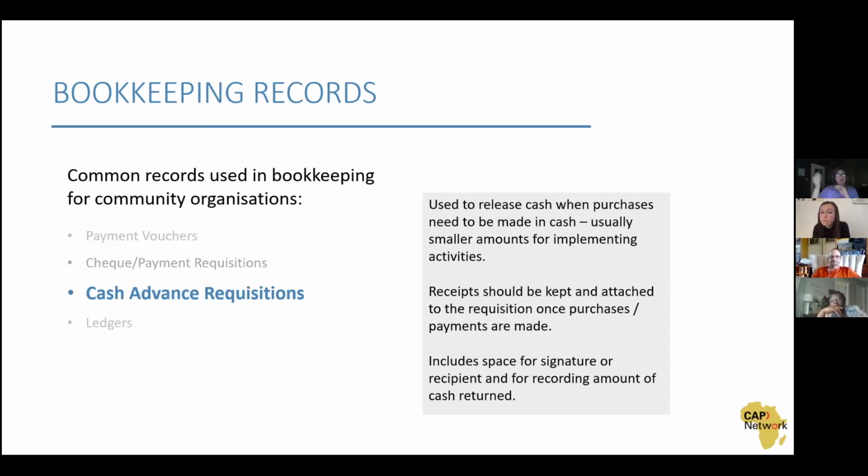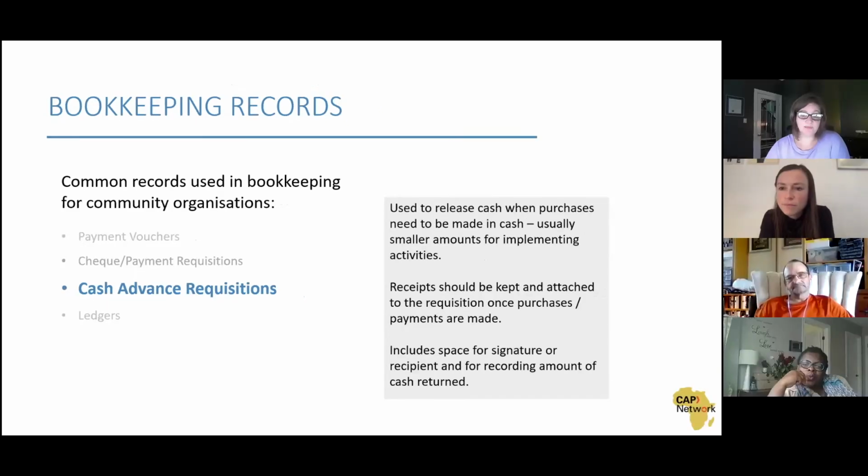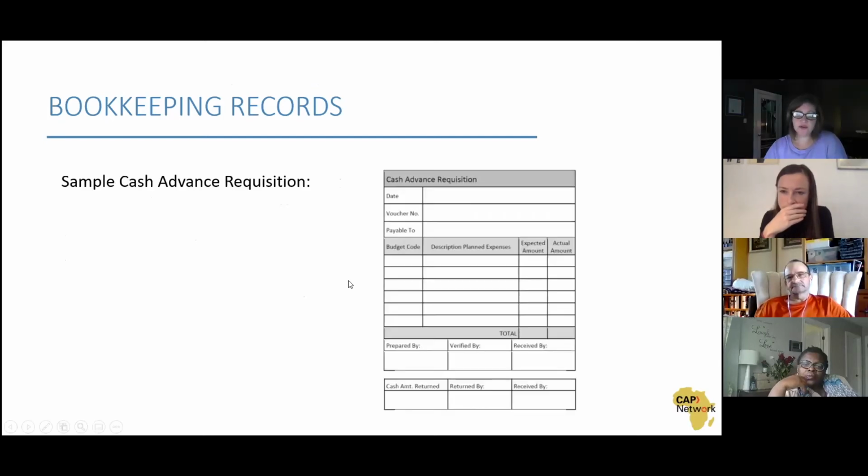Okay, so you will still collect receipts and documentation for the payments that are made. And then those will be reconciled versus what you were anticipating, the cash that you took with you versus what you actually spent. May not be exactly the same, okay? So this is an example of a cash advance requisition, okay?